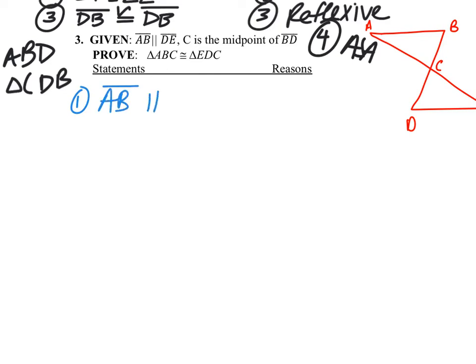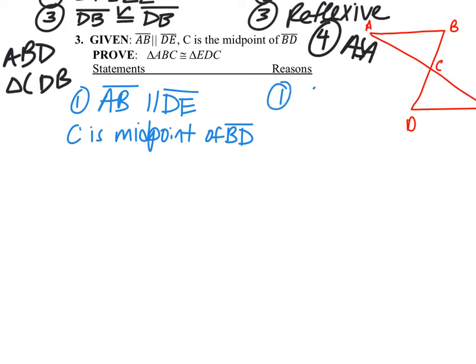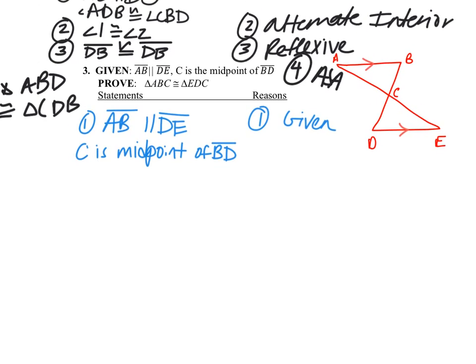Okay, you're told that things are parallel. You're told that they're parallel. Is the parallelness marked in the picture yet? No. So you need to mark that AB is parallel to DE, and we do that with little arrows. Let's deal with midpoint first. Look at your gold sheet.